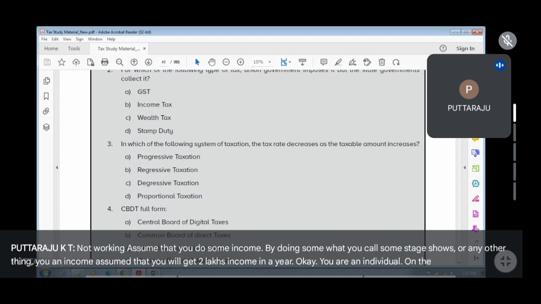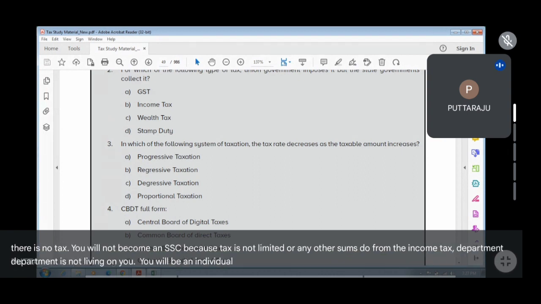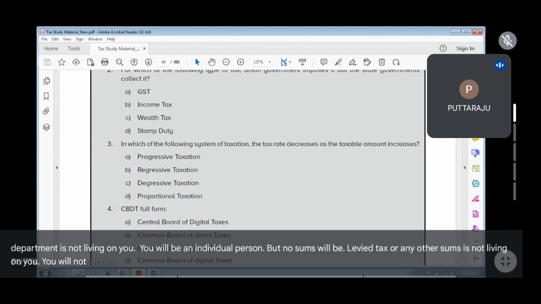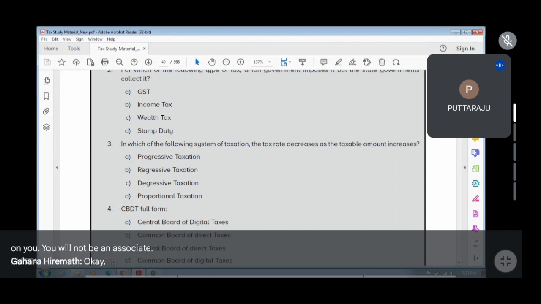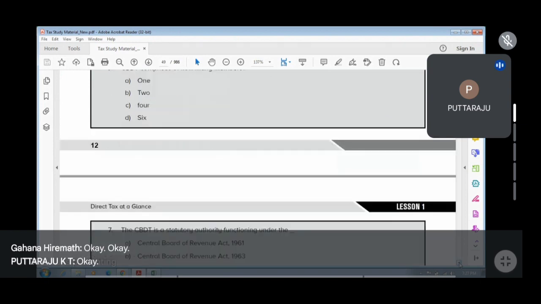On the 2 lakh, there is no tax. You will not become an assessee because tax or any other sums due to the income tax department is not levied on you. You will be an individual person, but no sums will be levied, so you will not be an assessee. Okay, sir. Got it? Yes, sir.